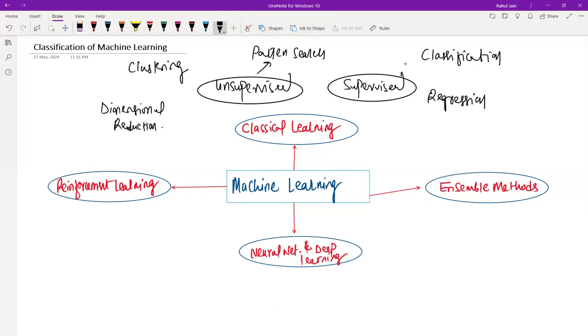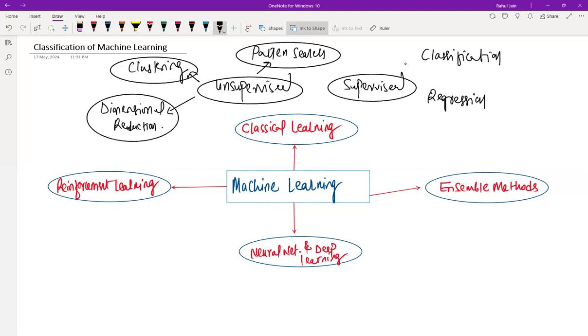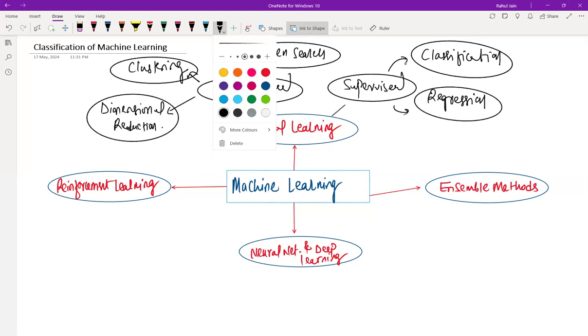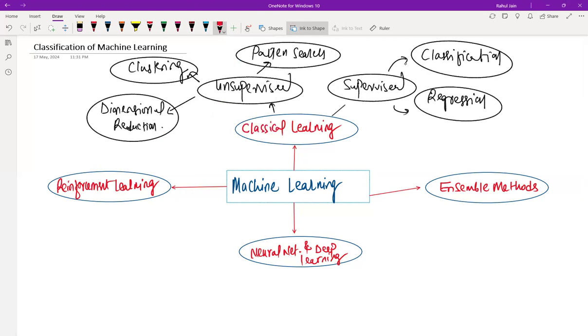Unsupervised can be pattern search, clustering, or dimensionality reduction. In supervised, it could be classification or regression. Now, after this, we can note some important algorithms which fall under these categories.